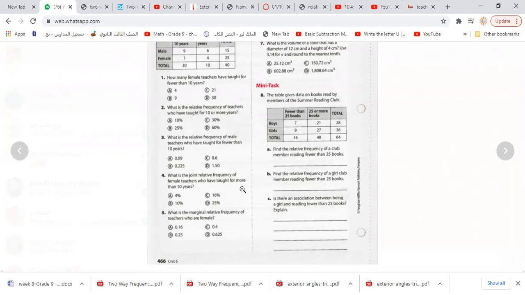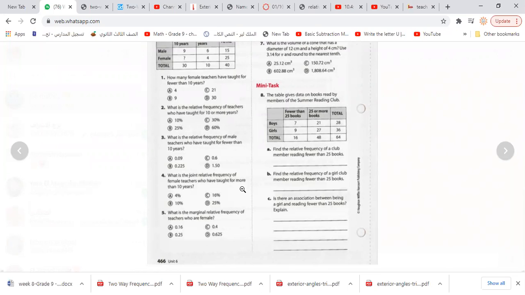Here in the category, he makes a comparison between fewer than 25 and more than 25. Then we will add 7 plus 9 equals 16. So this is the total number of students reading fewer than 25. Then we will divide 16 by how many? 64.